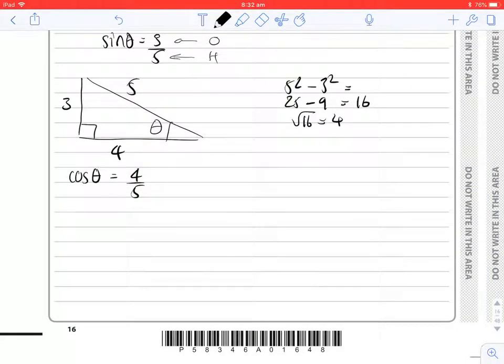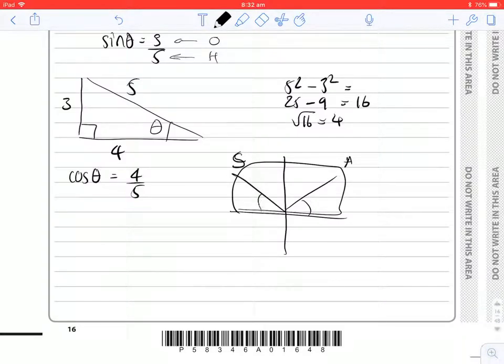So if we think about it, that angle theta could be, in our CAST diagram, anywhere in these top two sections. If it's in here, then we've got a positive cos theta and it's 4/5. However, if it's in here, we're going to have a negative cos theta. So cos theta could be plus or minus 4/5. It could be either one.